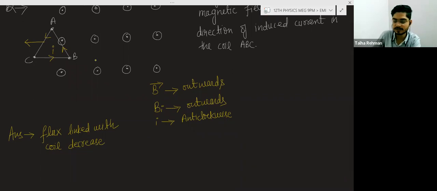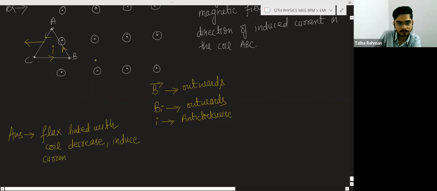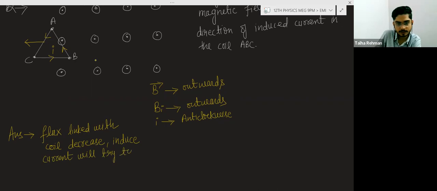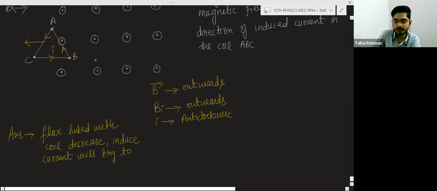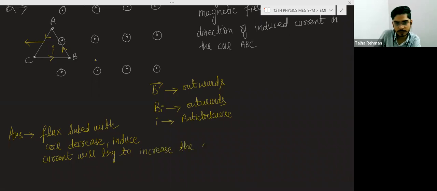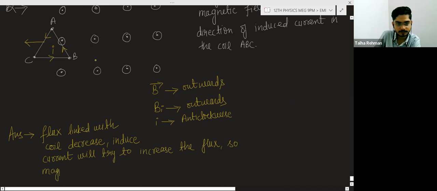The induced current will try to increase the flux linked with the coil. So a magnetic field will be induced.